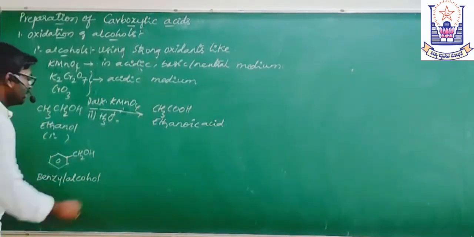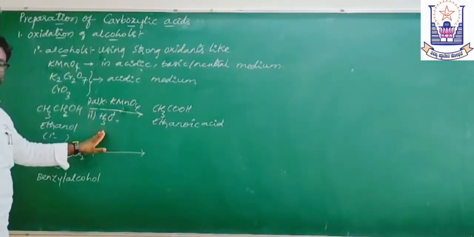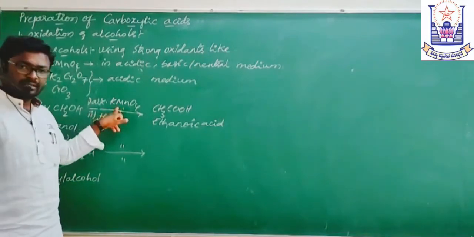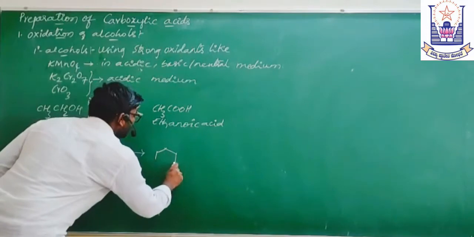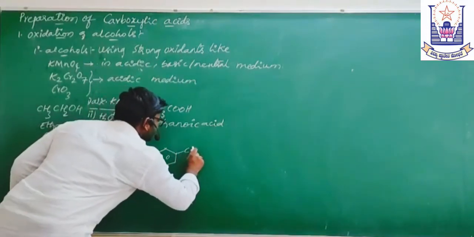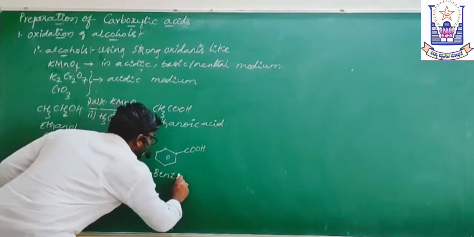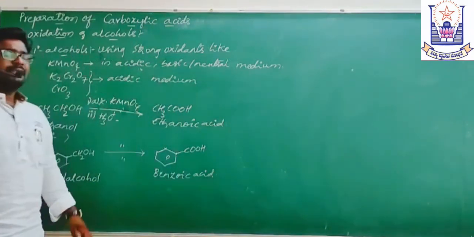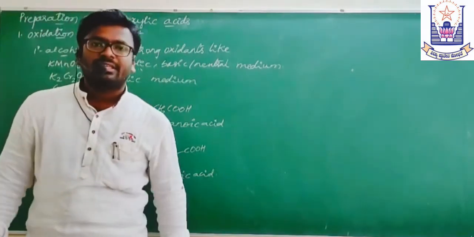When this is treated first with alkaline KMnO4, followed by hydrolysis, you will get the corresponding carboxylic acid, that is benzoic acid. These examples are not mentioned in the NCERT.